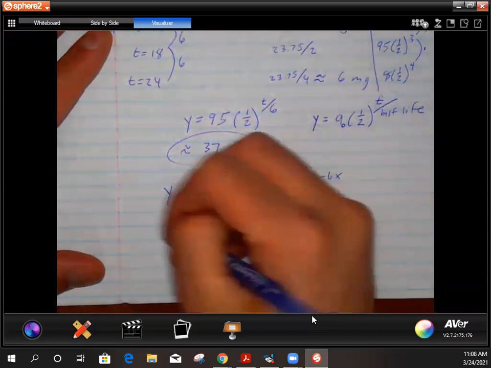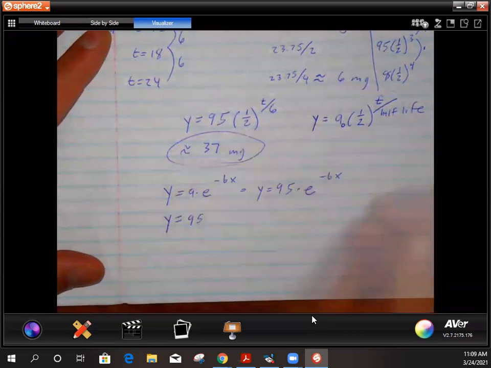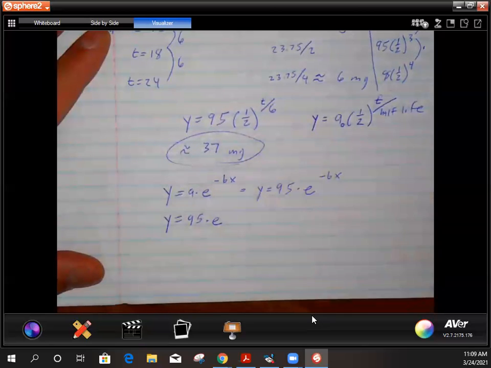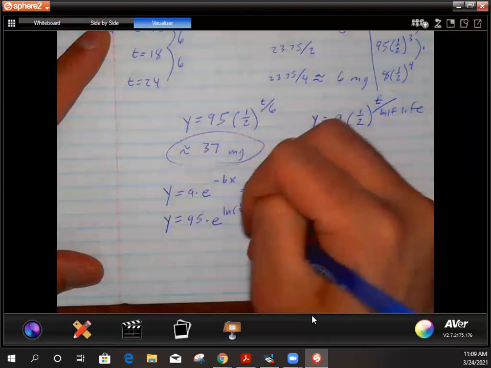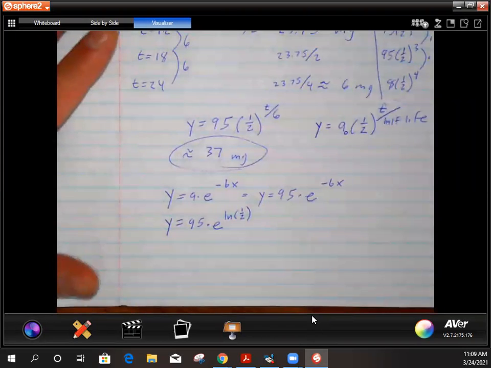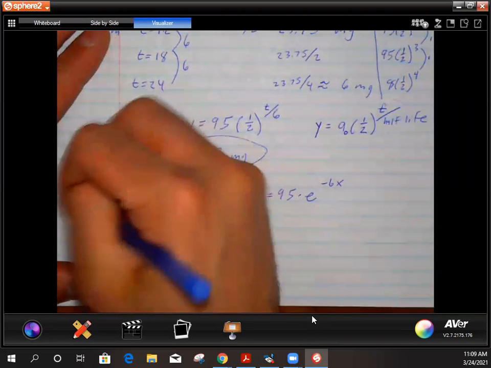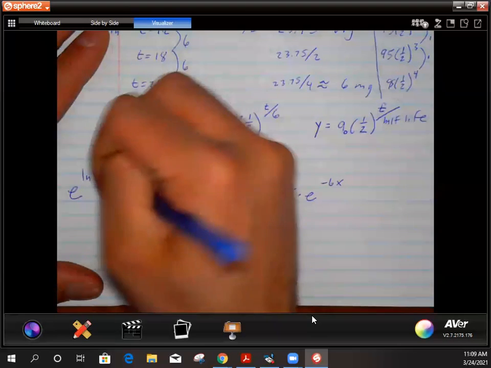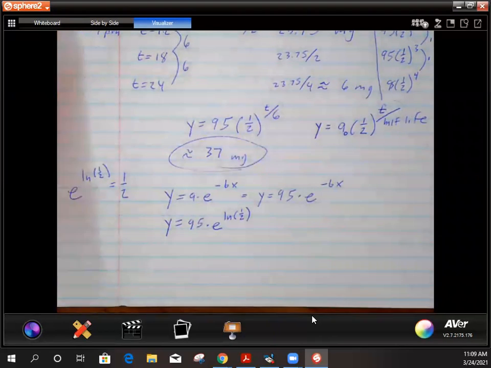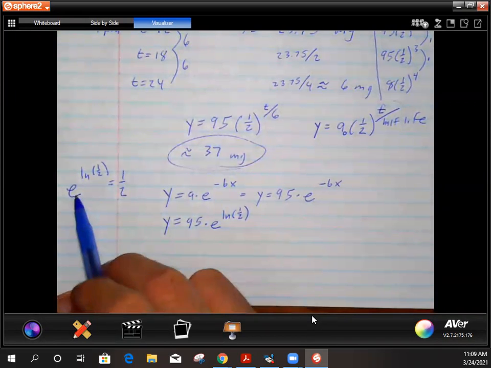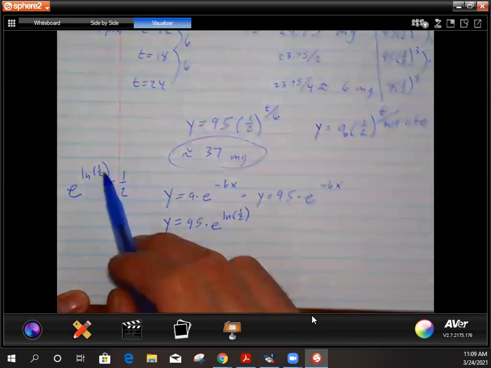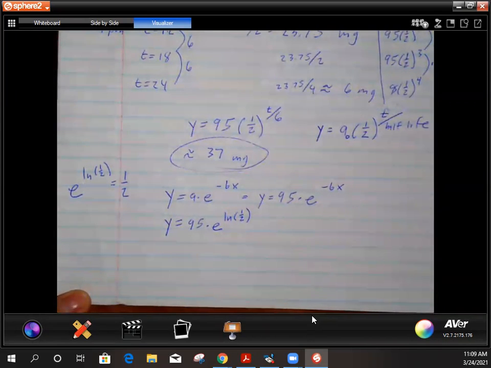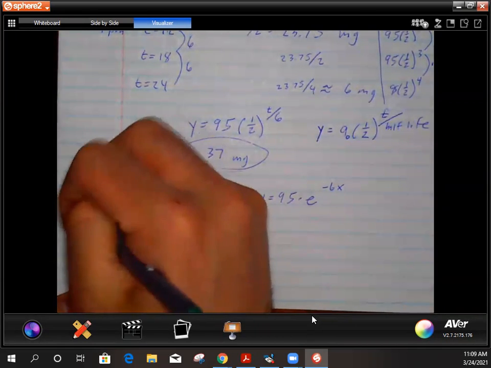We could take y equals 95 times e raised to the natural log of 1/2 power, because e to the natural log of 1/2 is equal to 1/2. Anytime the base of your exponent is the same as the base of your log, it's just going to cancel out and equal whatever's inside the log. That's a property, but you can see it by putting it into log form.